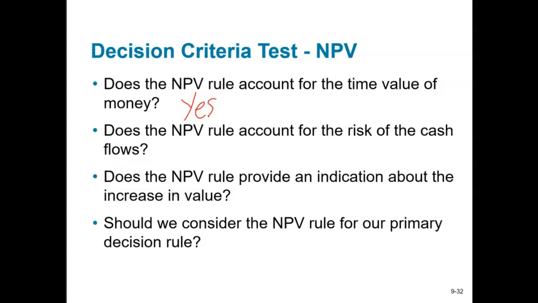Does the NPV rule account for the risk of the cash flows? Yes. Does the NPV rule provide an indication about the increase in value? Yes, because the positive NPV value reflects that the shareholders' wealth will be maximized by that dollar amount of the NPV.